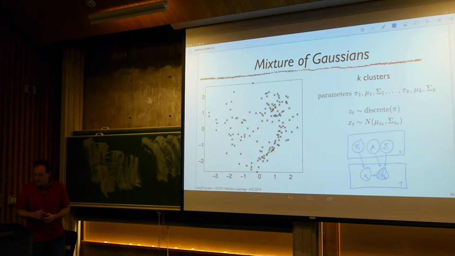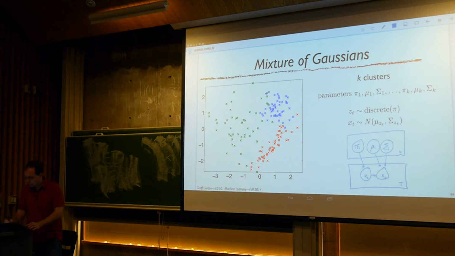Interestingly, if we go back to this slide, where the cluster indicators are observed, this is a graphical model that we also have some experience with. This is the naive Bayes model, right, where Z is the class, X is the observation, and we want to figure out the parameters of each class, which are mu_i, sigma_i, and pi_i, right?